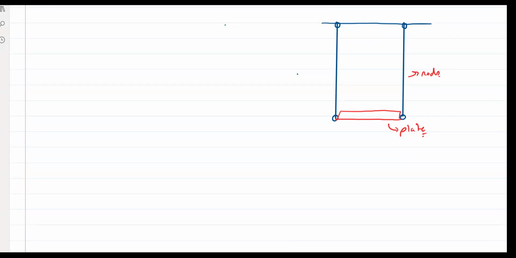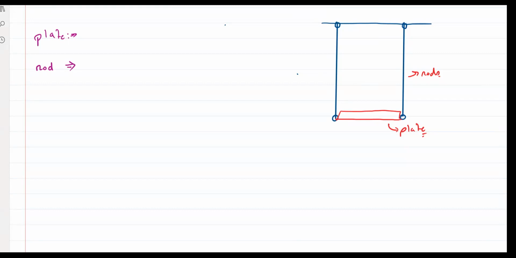Very good, very good. So see, we have two different objects over here: one is the plate and one is the rod. First the plate, tell me, what do you think?